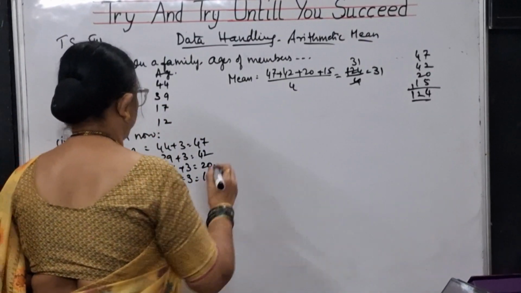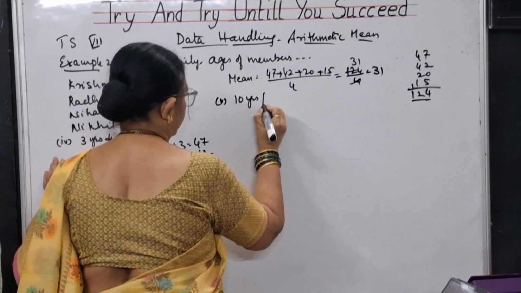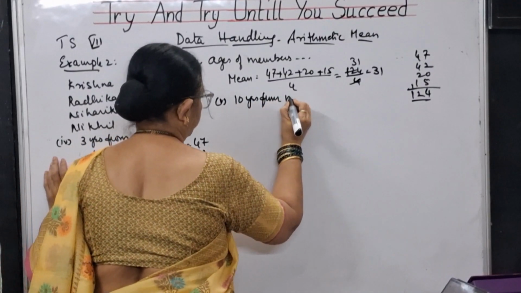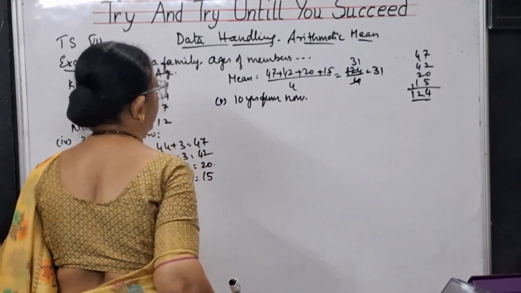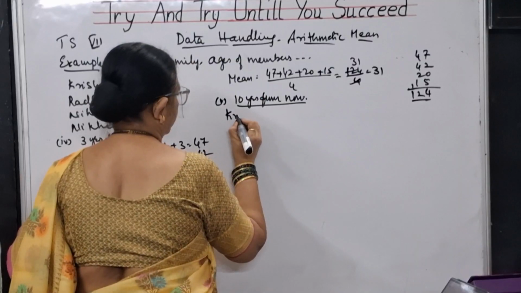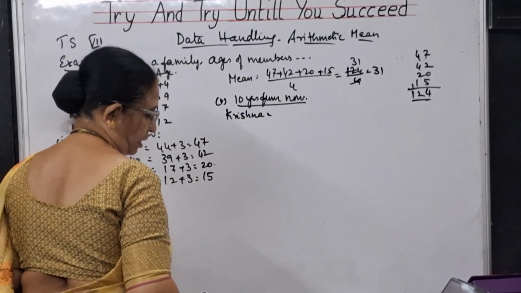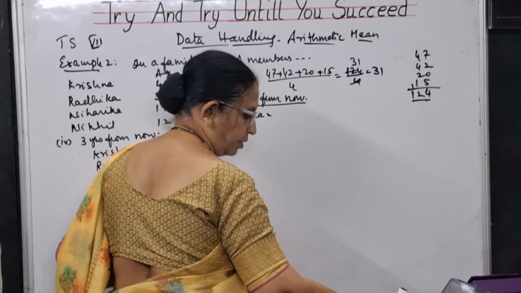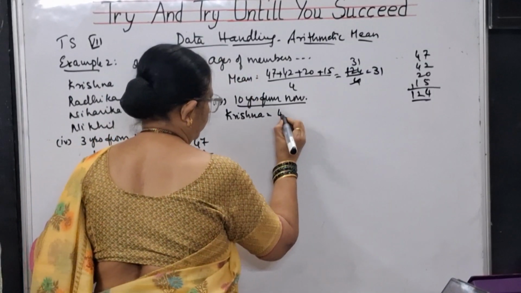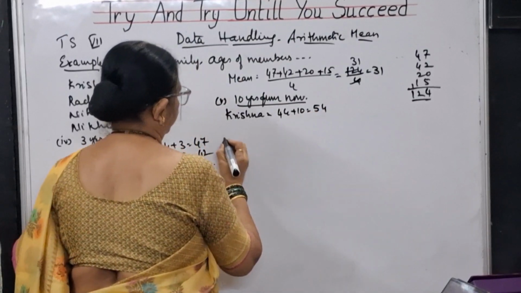So the fifth bit, let me take it as 10 years from now. 10 years from now, Krishna's age. Krishna's age is 44 plus 10, 54.